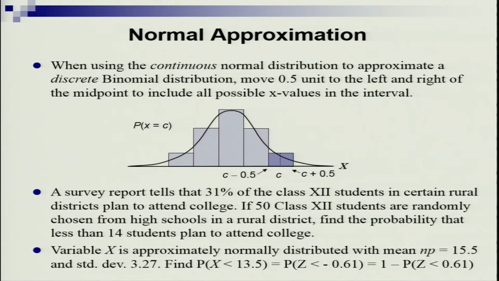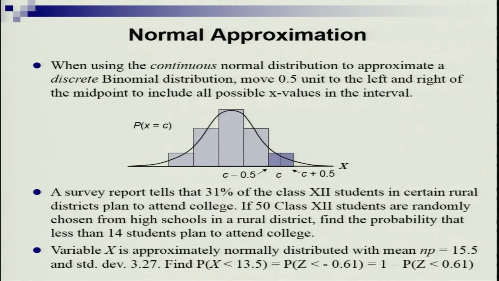Of course, here you can see that with only 5 bars there are large gaps between the continuous normal curve and the histogram height, but I can tell you that as the number of bars increase, this gap between the normal curve and the histogram bars is going to be smaller and smaller. So, in that case continuity will be much more plausible, but this diagram is just for an illustration, just to show you the entire idea of continuity correction.